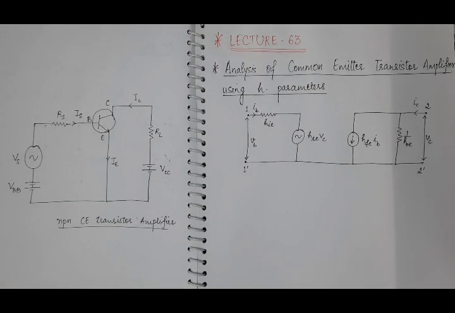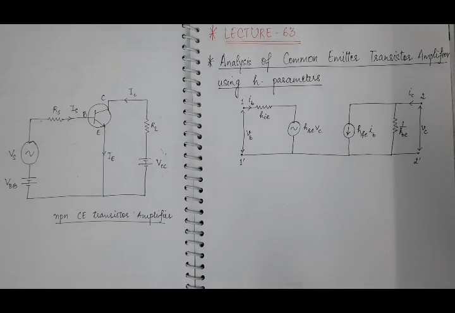First of all, write the equations of hybrid parameters for this common emitter transistor amplifier, which we have already covered in our previous video, lecture number 62. What are the 2 equations of hybrid parameters in case of NPN common emitter transistor amplifier?